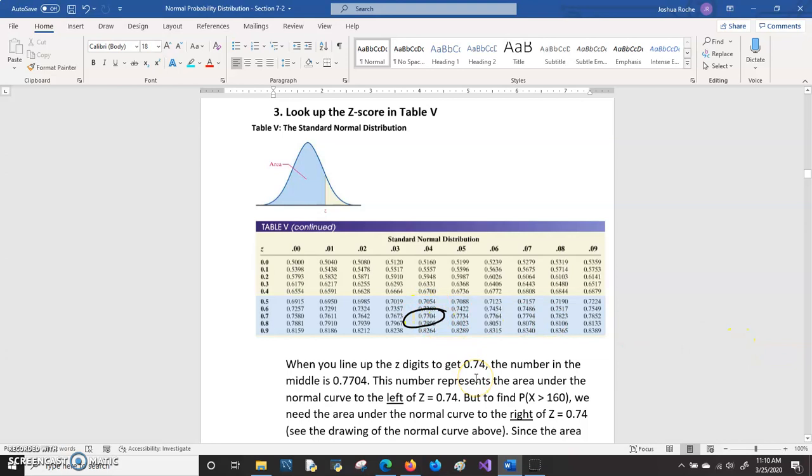That number is not exactly what we're looking for. Remember that all of those areas in the middle represent the area under the curve to the left. And in the drawing of our curve, we wanted the area to the right.